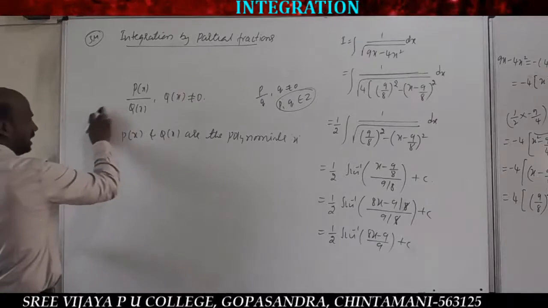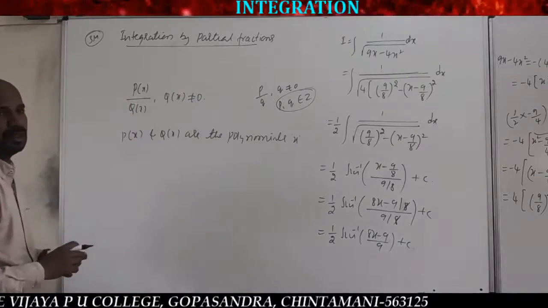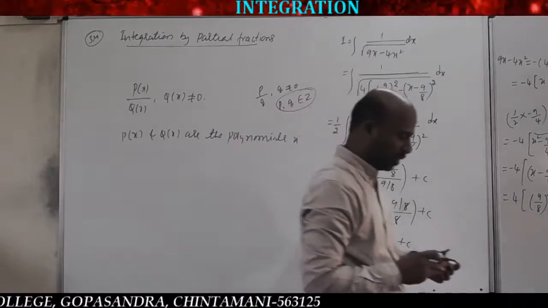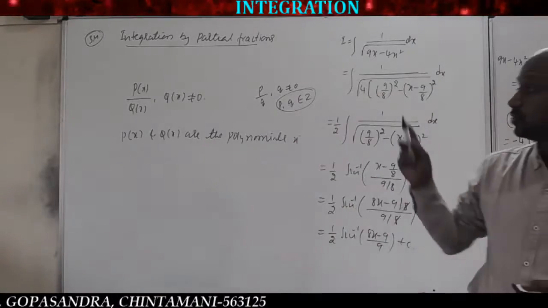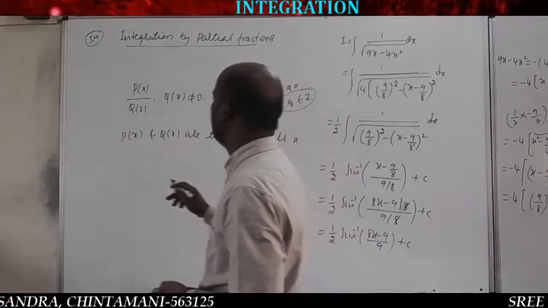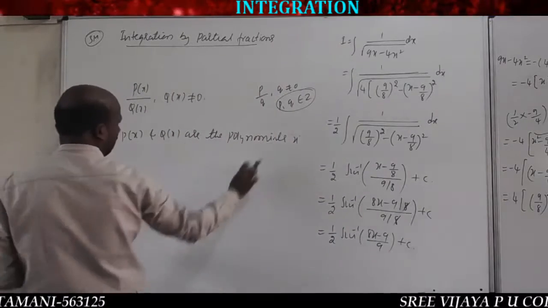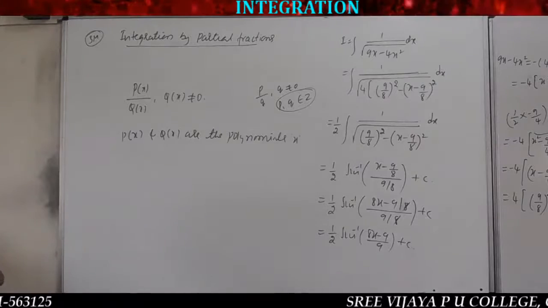If the function is of the form p of x by q of x, we call it a rational function. It is the ratio of p of x and q of x, where p of x and q of x are polynomials in x.